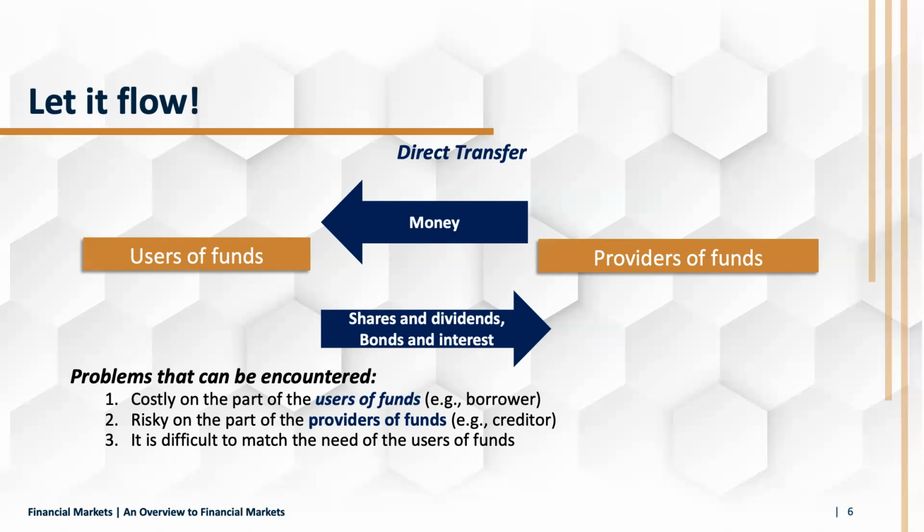Meaning, this is a personal transaction between two individuals or two businesses. You don't have to go through a third-party intermediary. That is why the rules can be set and can be different on a case-to-case basis.